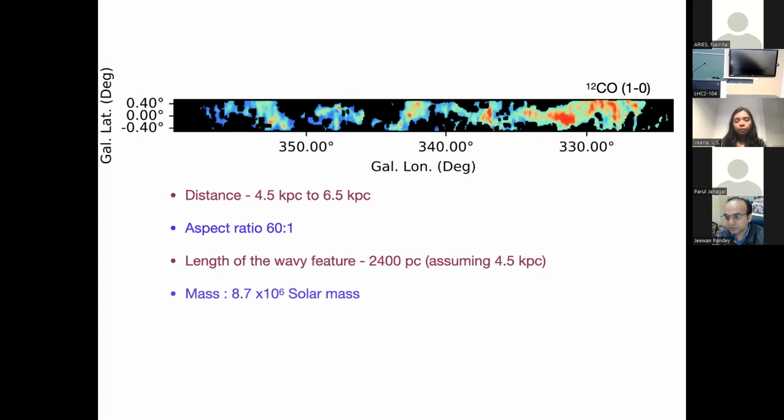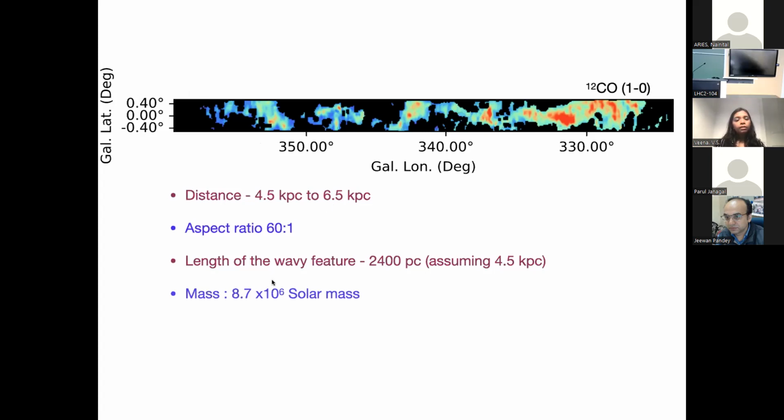So it has a distance range between 4.5 and 6.5. If we assume the lower limit distance of 4.5, we find a lower limit length of 2.4 kiloparsec. So this is the largest such structure observed in molecular emission.